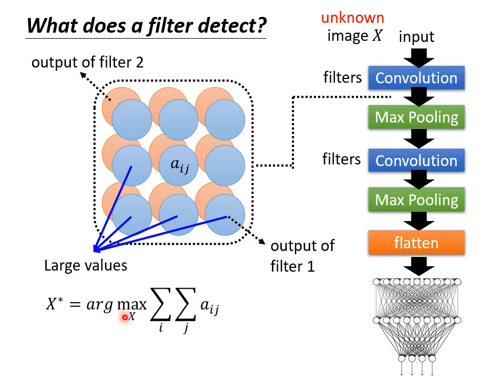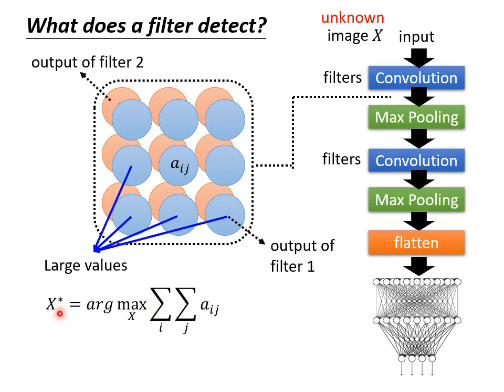Our goal is to find a picture so that the feature map we get by feeding this picture into the filter has values Aij that are as large as possible. We need to find an X such that the sum of Aij, the output of filter 1, has the largest possible value. We use X star to represent the optimal X we find.